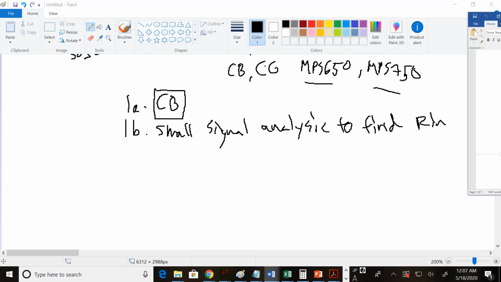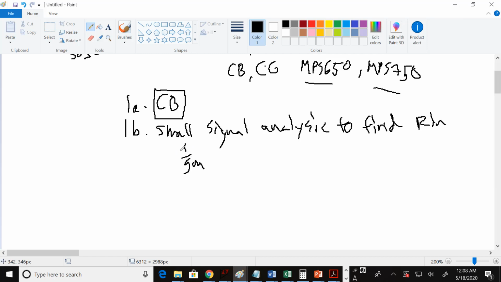I put the details of small signal analysis on the solutions, so you can look at those. But what you get, after going through all the work, is something that looks like 1 over gm. And if you look at our quick method, anytime you're looking into the emitter or the source, that's what you see, 1 over gm.